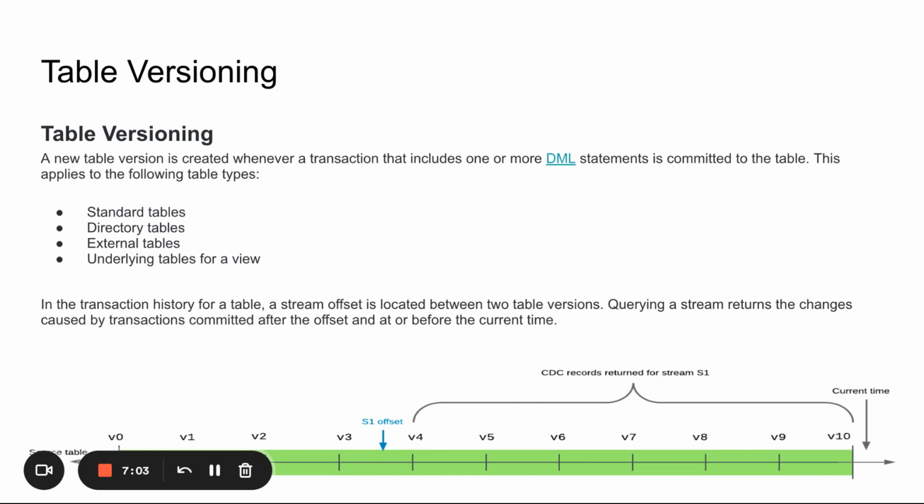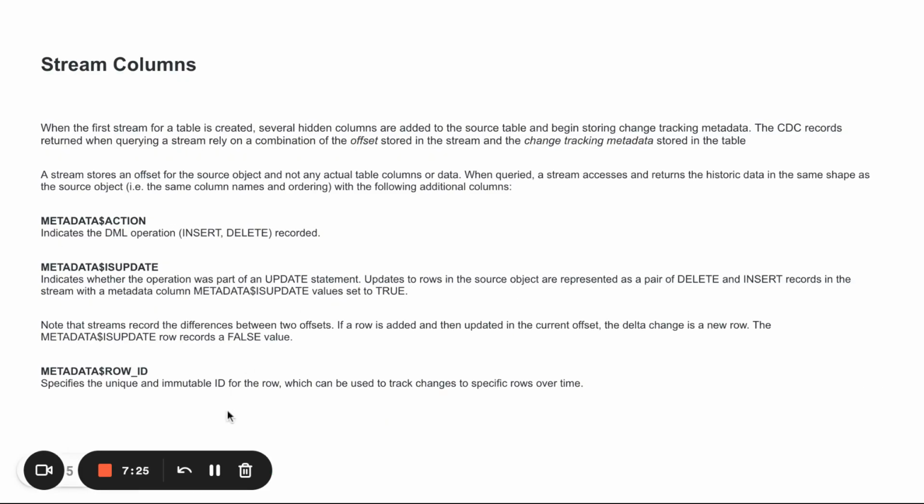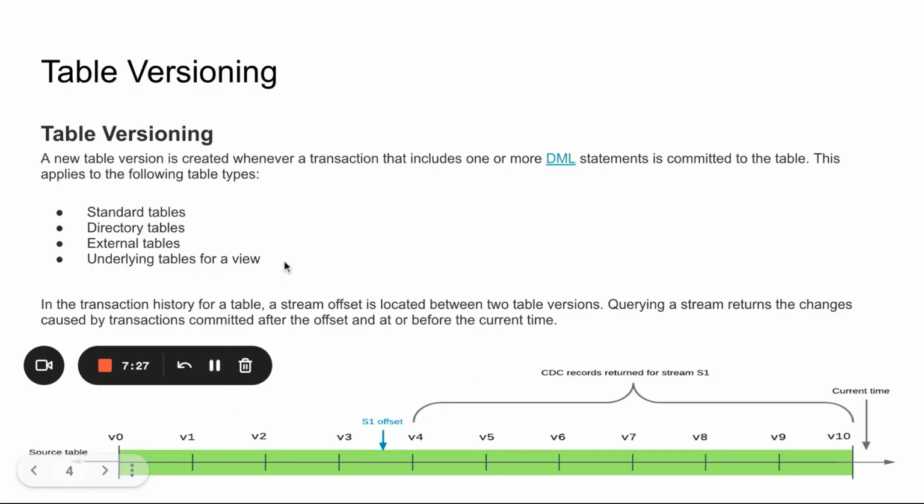A bookmark can be removed and moved to other pages. Similarly, a stream can also be dropped and recreated, and the stream moves the offset when the data is actually retrieved from the stream. As you see in the picture, we can talk about table versioning.